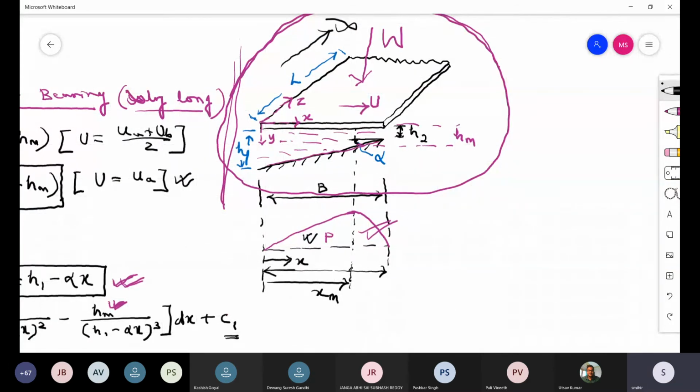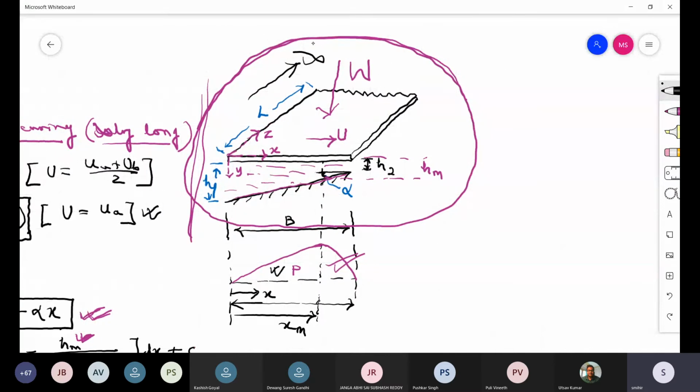Now coming back to this bearing, as we were discussing, this bottom plate is fixed, right? And the top plate is floating. Imagine if you increase the load, what will happen? In reality, what will happen?